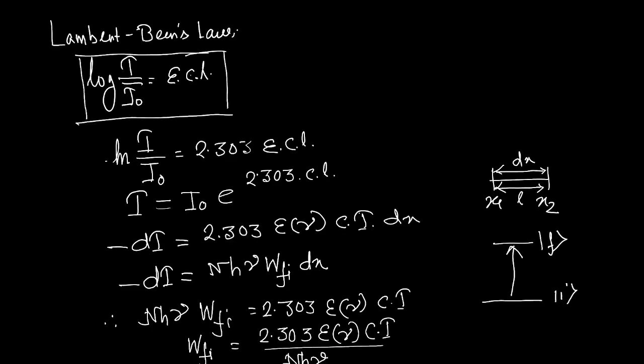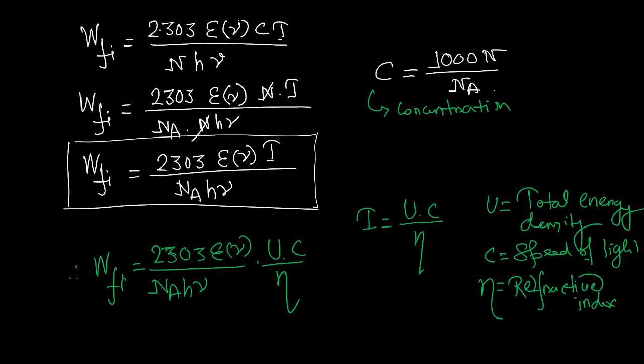Now the total energy density is nothing but the integration of the radiation density. So U can be written as the integral of the radiation density.